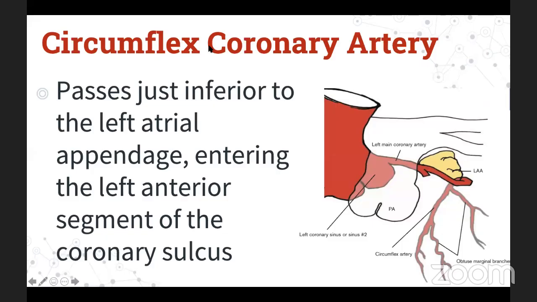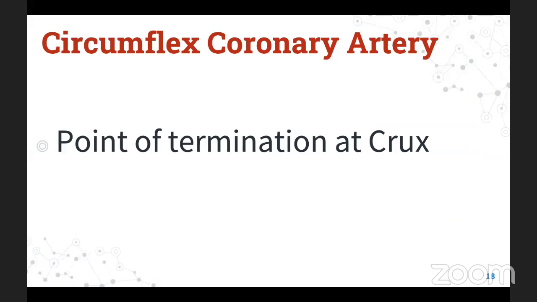Now we'll talk about the second branch of main stem of left coronary artery, which is circumflex coronary artery. It passes just inferior to the left atrial appendage and enters the left anterior segment of the coronary sinus before it gives its branches. The point of termination of circumflex artery is at crux. We'll talk about this point later on.